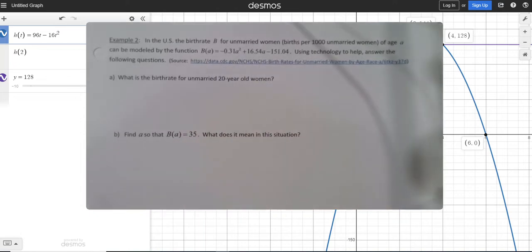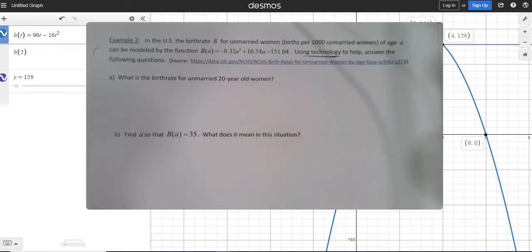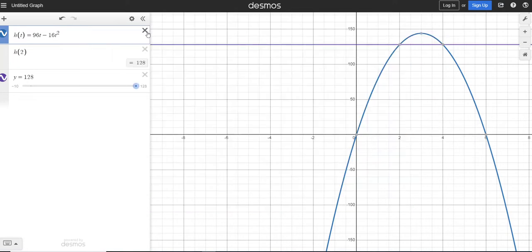It says use technology to help this time, so we get to use our graph. We're going to answer these questions. So let me first of all just graph my function.